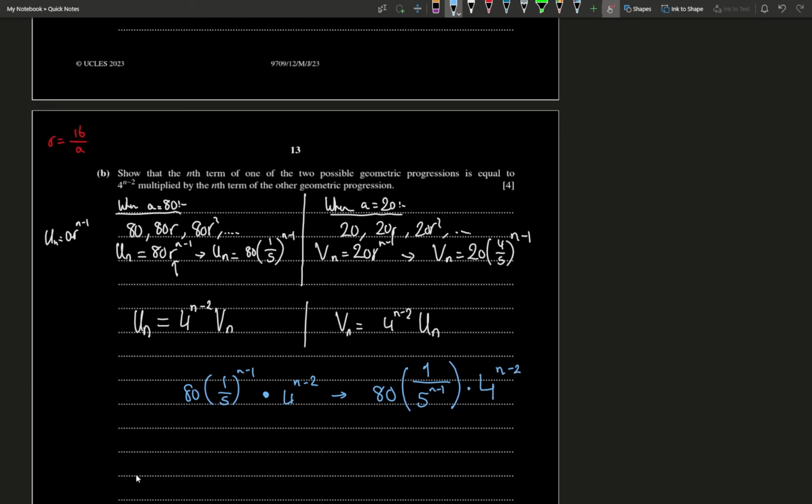We'll bring the 4 term in, so it will be 80 multiplied by 4 raised to the power of n minus 2, divided by 5 raised to the power of n minus 1.